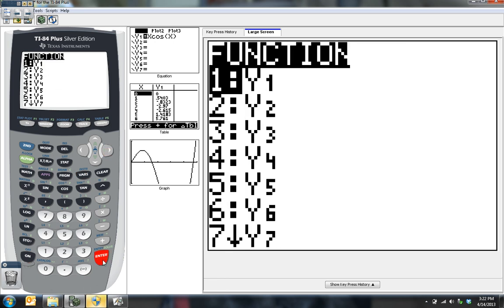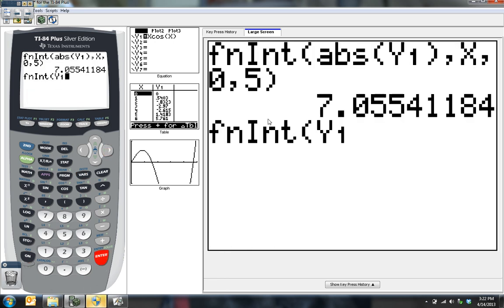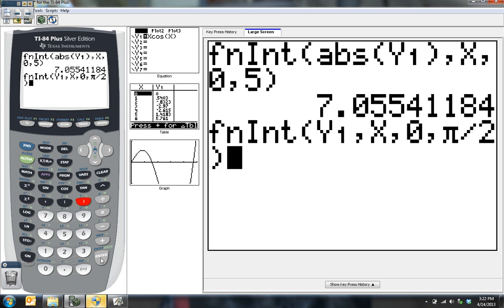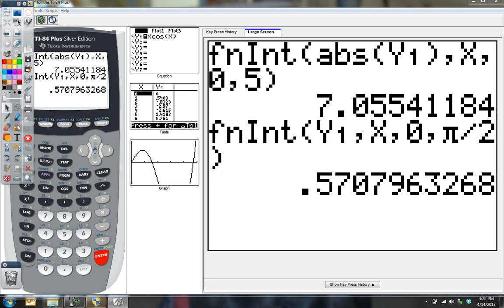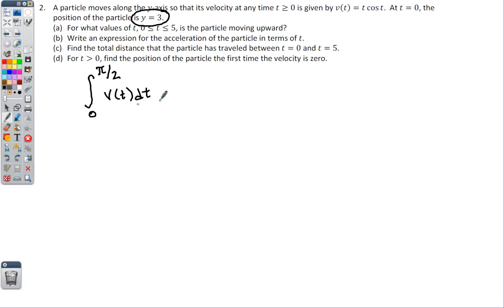But notice no absolute value because we're finding displacement. And we're going to go from 0 to pi divided by 2. And we get 0.571. Okay? So 0.571. And this is our displacement.